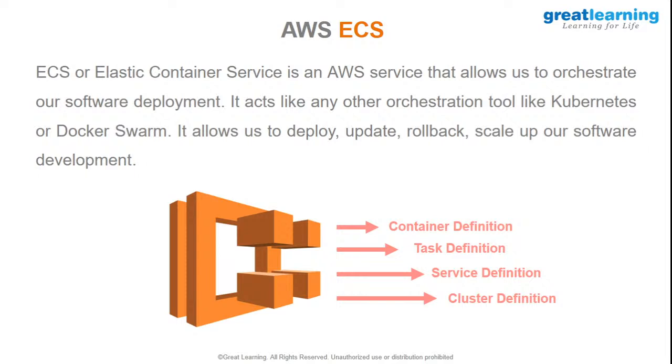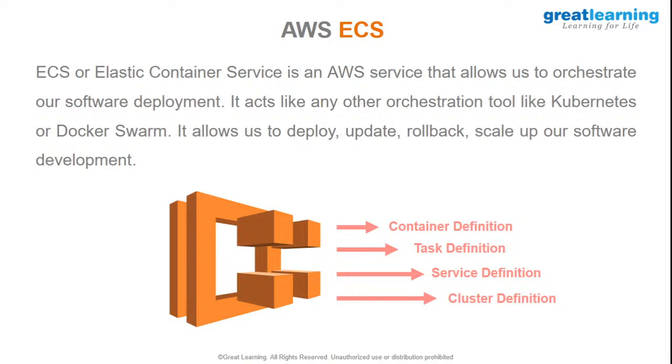So first you have to do the container definition. Inside of the container definition, you're basically providing the image that you're going to be using for your final application. So let's say you're using 3 images for 3 of the features that you have. Then you mention all of those 3 images in your container definition. Then we move on to task definition. Task definition is basically the specification of what kind of resources your containers will be using.